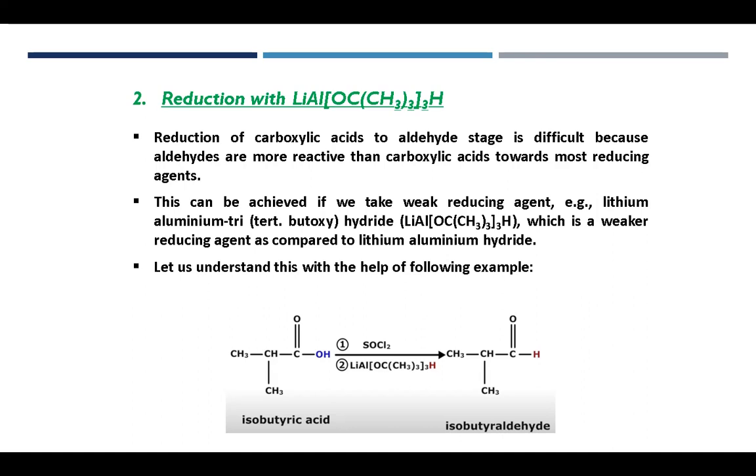Let us understand this with the help of an example, as you can see here. This is isobutyric acid. First of all, with the help of SOCl2, it gets converted into the corresponding COCl. And then, with lithium aluminium tertiary butoxy hydride, the COCl gets reduced to isobutyraldehyde.